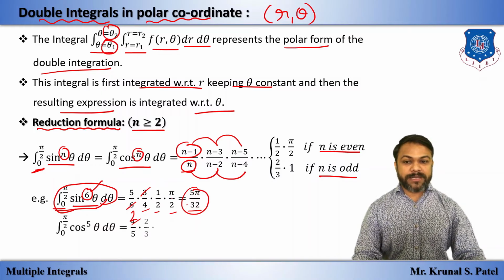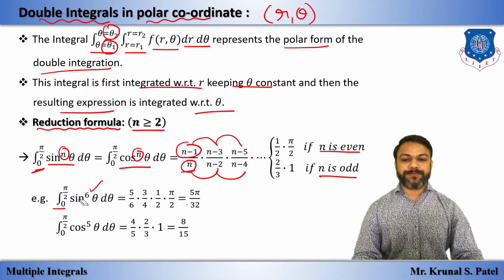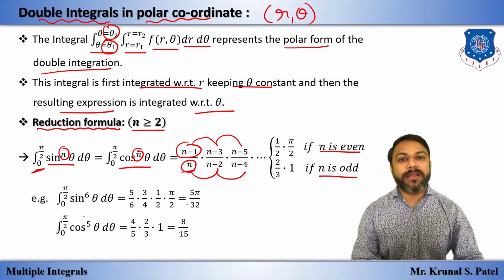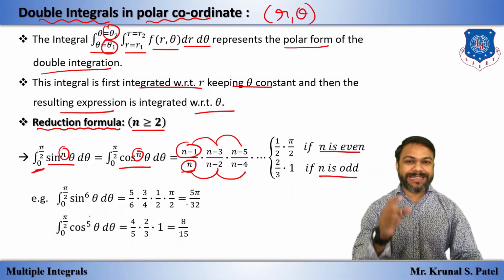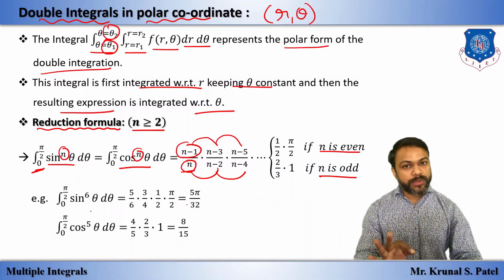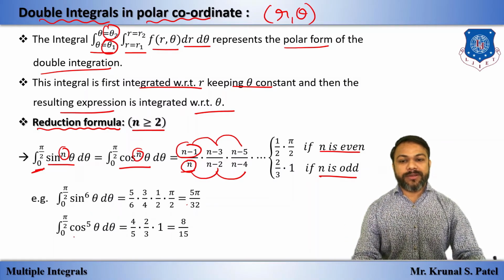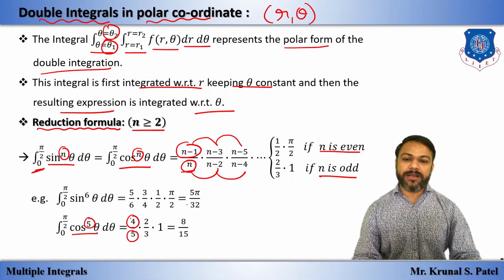We have one more example. This integration is 0 to pi by 2. The reduction formula is applicable if and only if the limits of the integral are 0 to pi by 2. Otherwise, we cannot apply the reduction formula. So have a look at this. 5 in the denominator and 5 minus 1, that is 4, in the numerator.